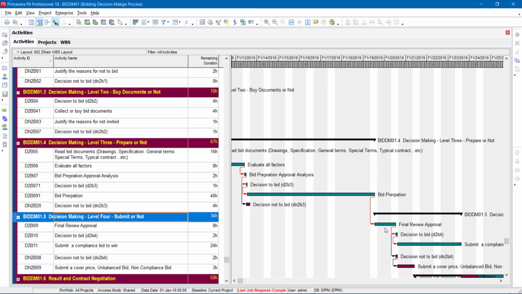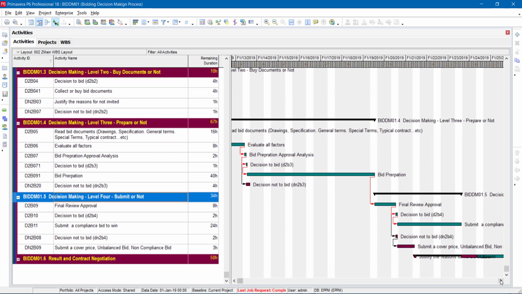Now the top management might have different intelligence. They might have different information which will lead them to submit or not submit, even after all of this preparation. Sometimes legal issues might stop them from submitting.